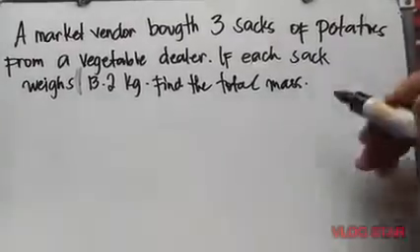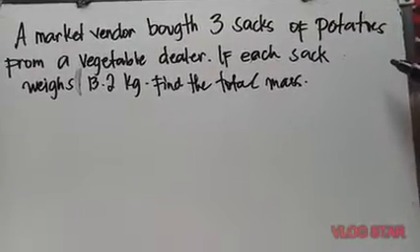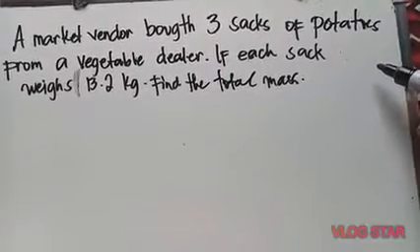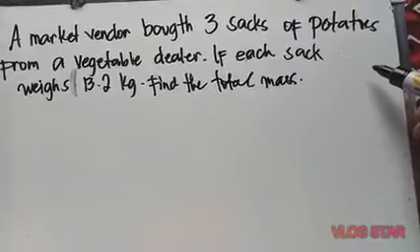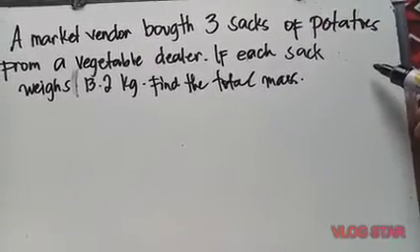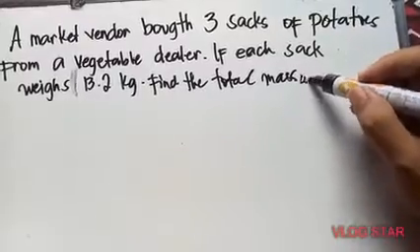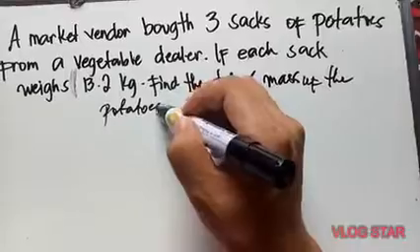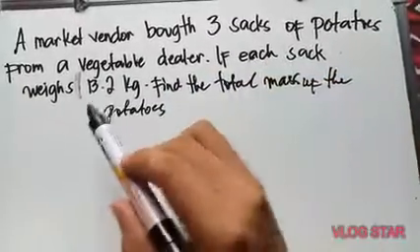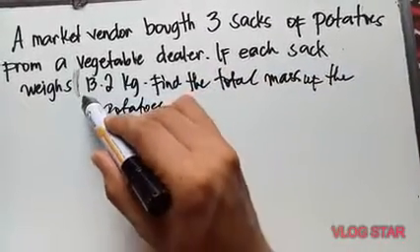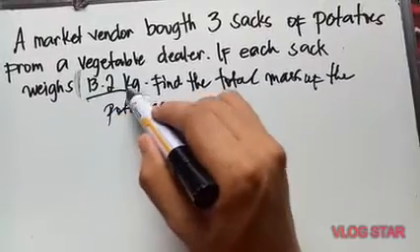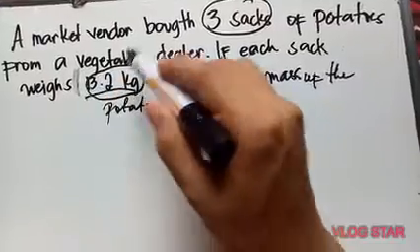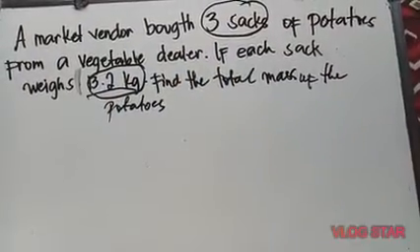A market vendor bought 3 sacks of potatoes from a vegetable dealer. If each sack weighs 13.2 kg, find the total mass. Since we have 3 sacks and each sack weighs 13.2 kg, just multiply 3 by 13.2 kg to get the total mass.